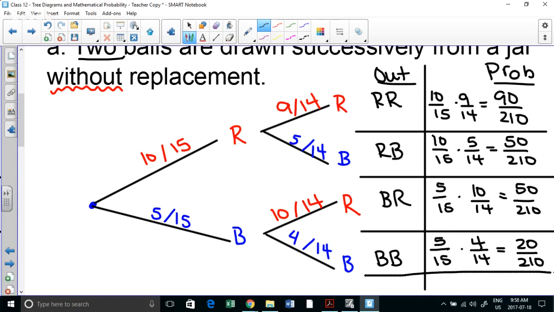And this column here should add up to 1. So 90 and 50 and 50 and 20 adds up to 210 over 210, which is 1. So that's how we construct a tree diagram.